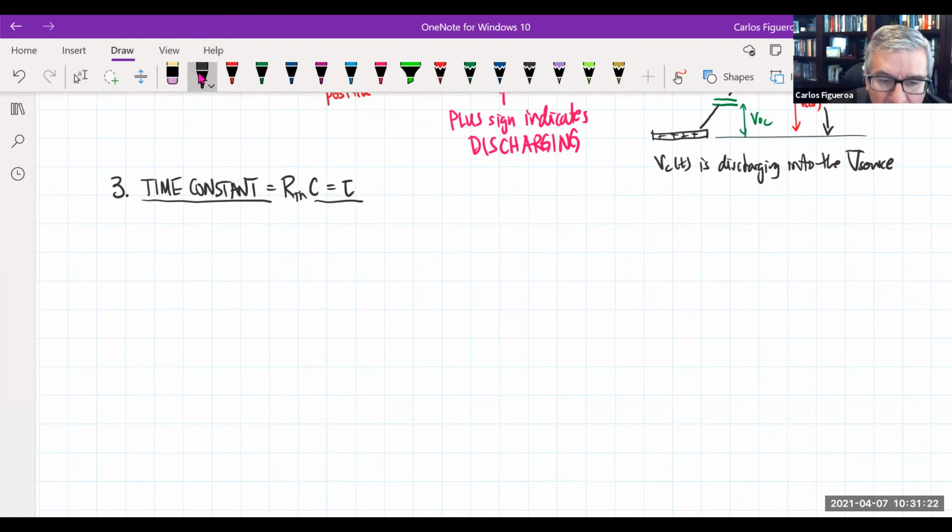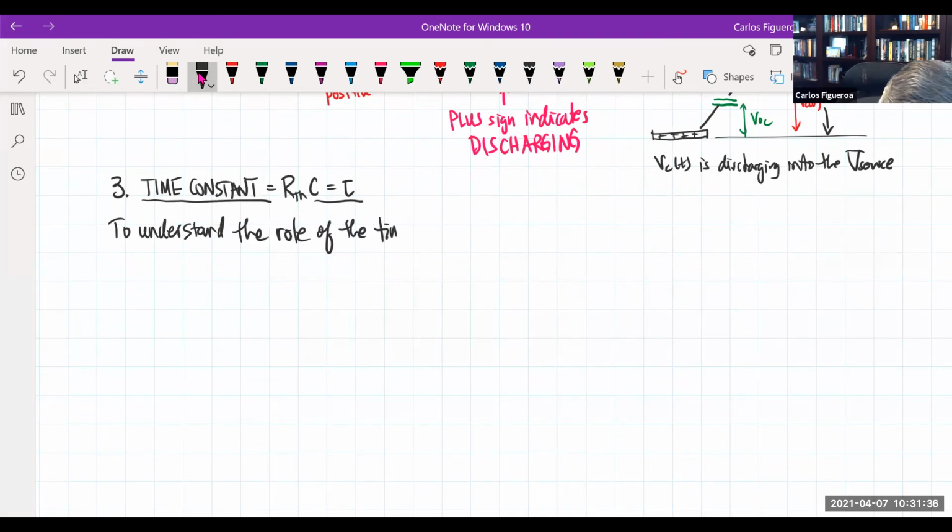So to get a sense of what the time constant really does, to understand the role of the time constant, it's best to rewrite the solution.